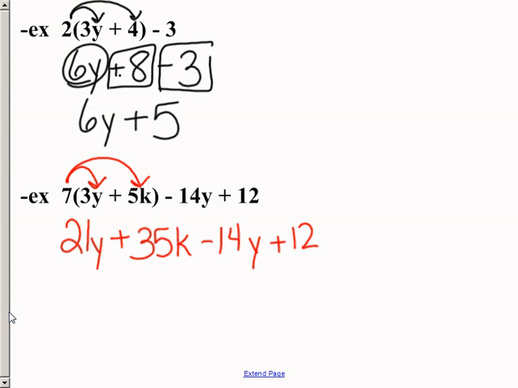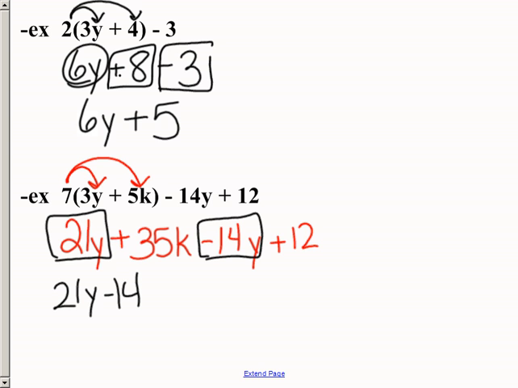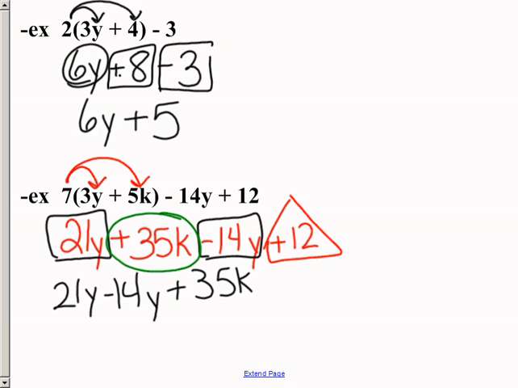So I can combine 21y minus 14y, excuse me, and then plus 35k, plus 12.